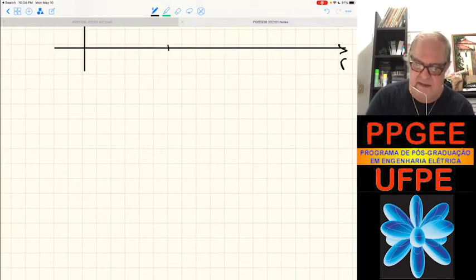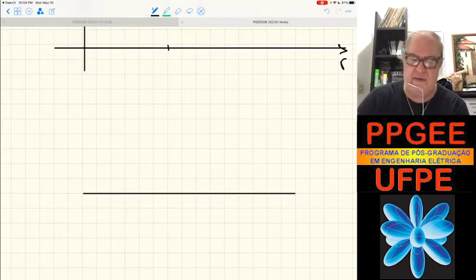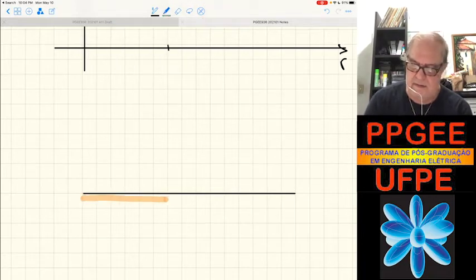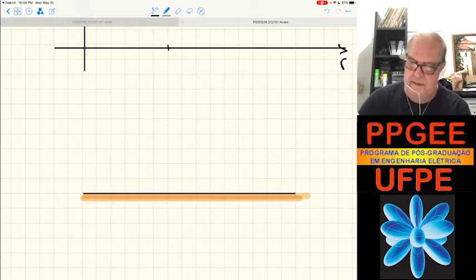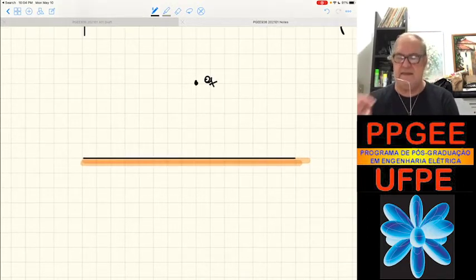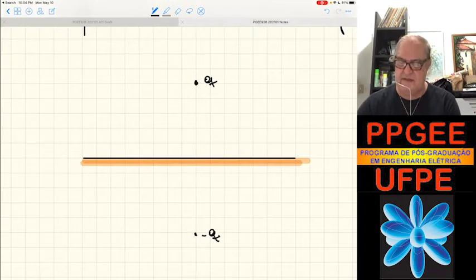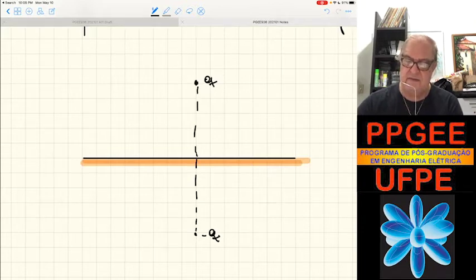We have here the boundary. Then, if you look at the situation, I have the charge. So it's the same as if the charge is in the field of the image charge. So the image charge is just a field, right?